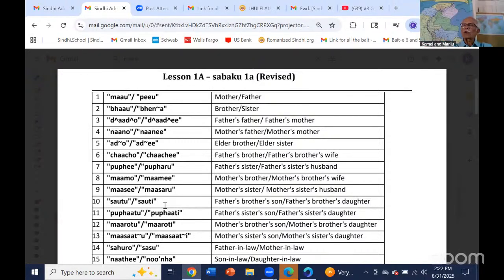All brothers included. Mukete Sautan. Supposing your father had two brothers and one had one son, another had two sons, you will collectively say Mukete Sauta Ain. Got it. The Sauta relationship is the same with either one of them. They are your father's brothers' sons.